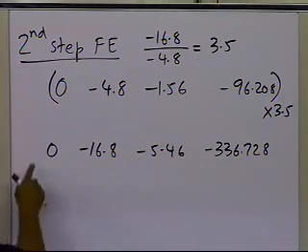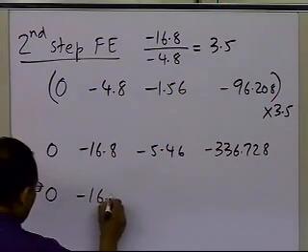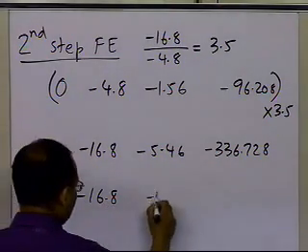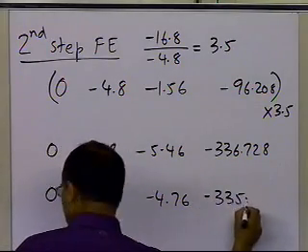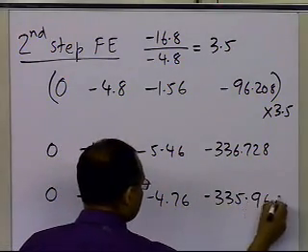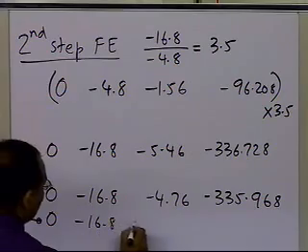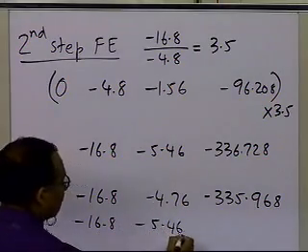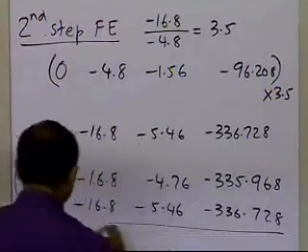Now this needs to be subtracted from the third equation, which is 0, minus 16.8, minus 4.76, and minus 335.968. And I'm going to take this multiple of the second equation and subtract it.